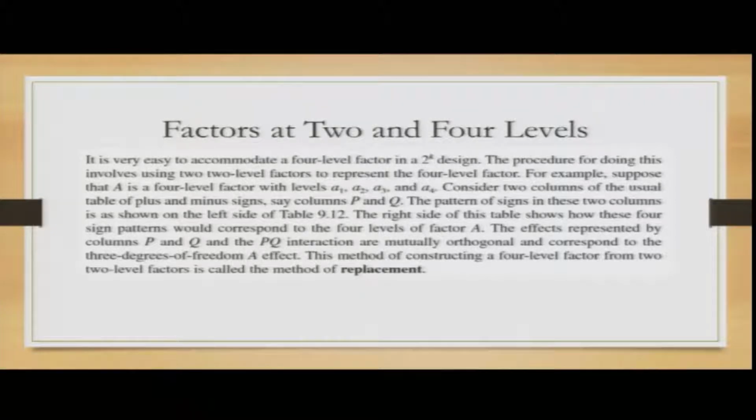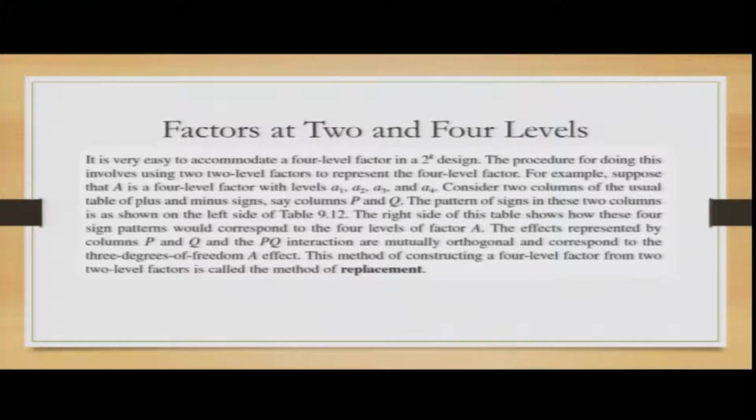So, if we are able to break them into orthogonal factors, our prediction would be of the utmost importance, considering that we can assign the level of significance to A or B or C or D, whatever they are, depending on the fact that they are orthogonal to each other. The effects represented by columns P, Q and the PQ interaction are mutually orthogonal and correspond to the 3 degrees of freedom of the effect.